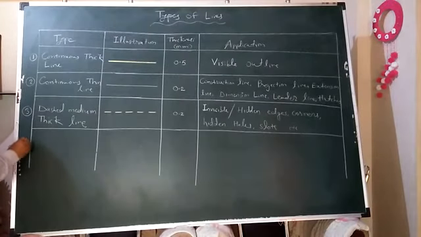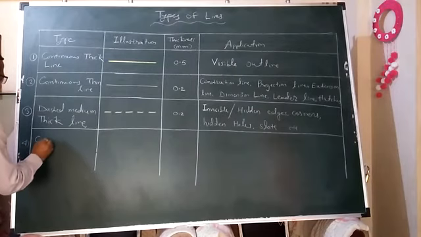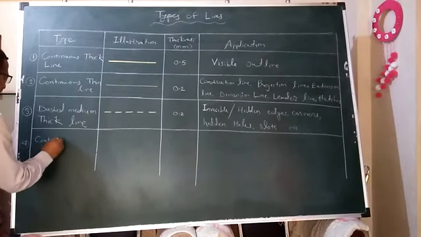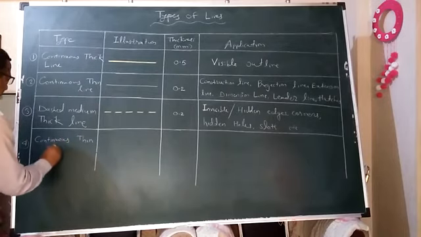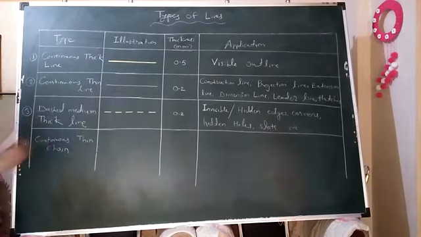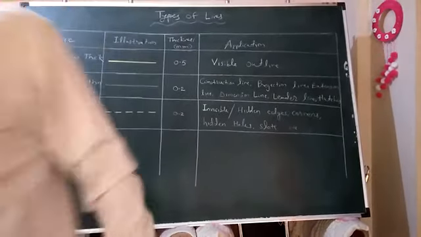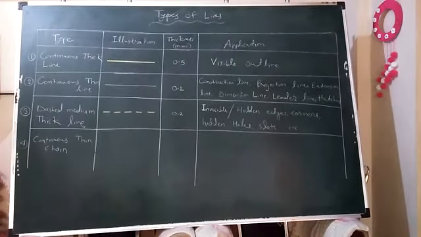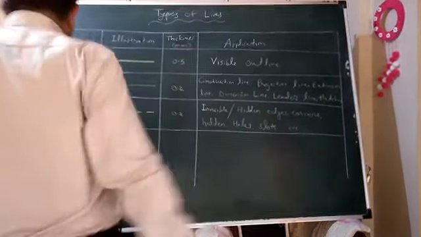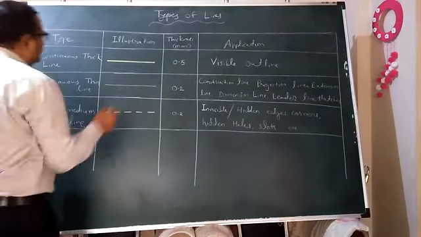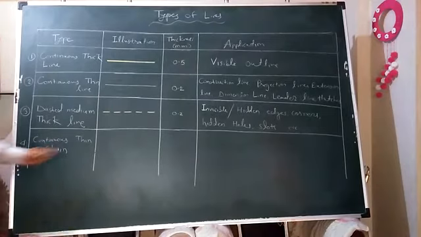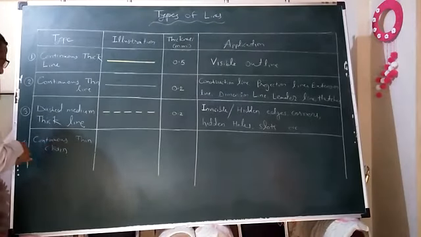The next kind of line is the continuous thin chain. How to show it? So how to construct this line? Just see, we have written chain. Okay, continuous thin chain.